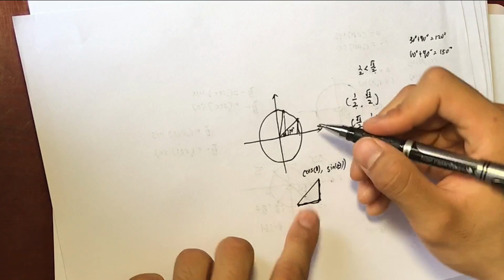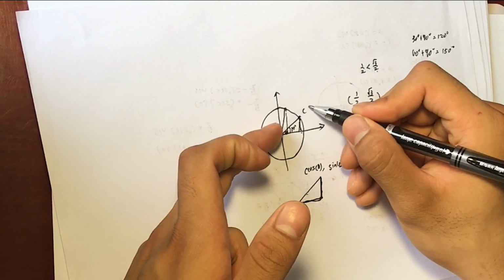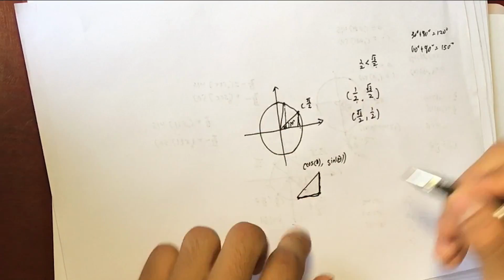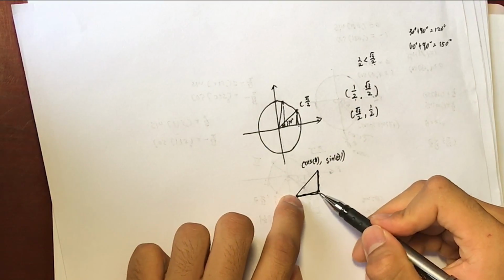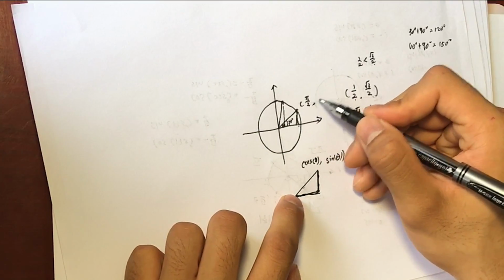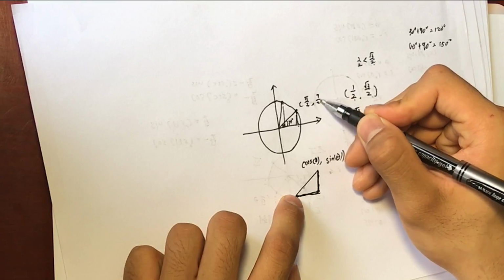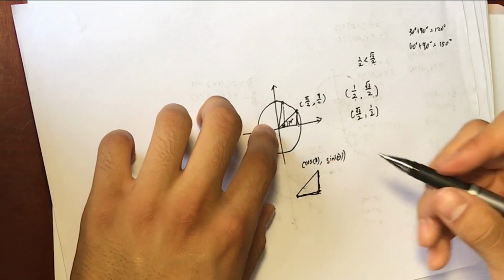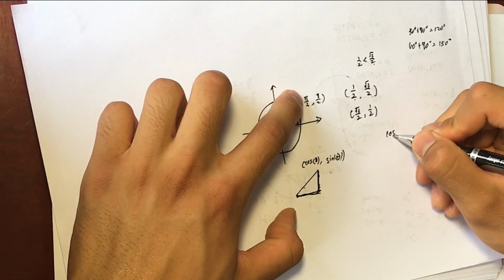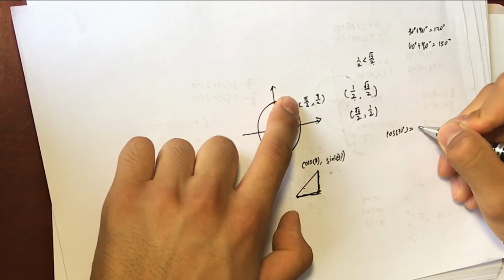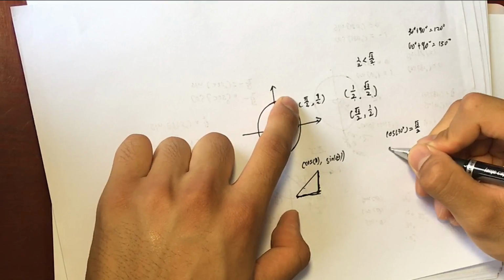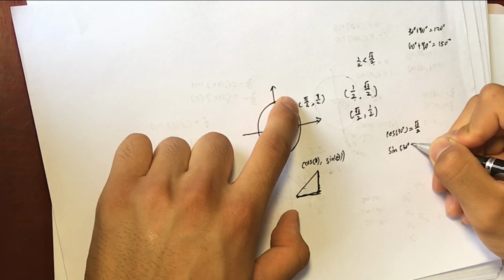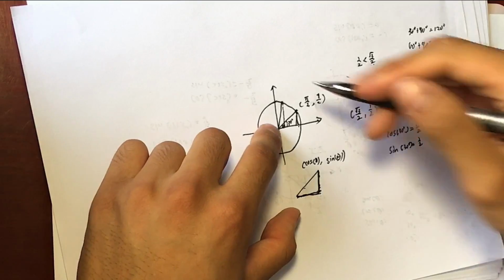So your coordinate right here will be root 3 over 2, which is your cosine value, your horizontal distance, comma, 1/2, which is your vertical distance. So we can say cosine 30 is root 3 over 2, and sine 30 is 1/2.